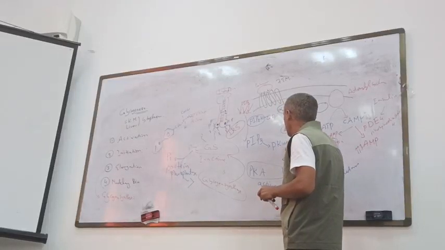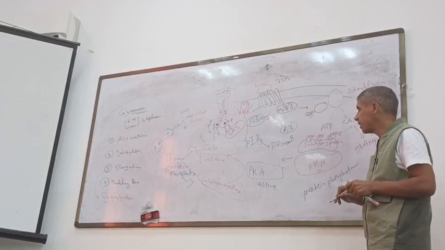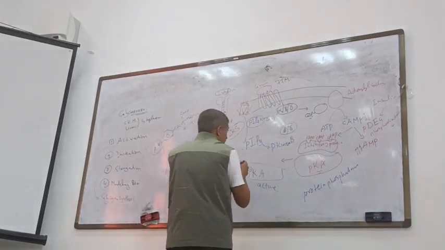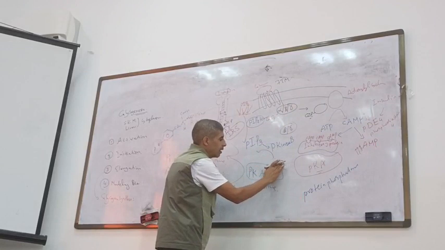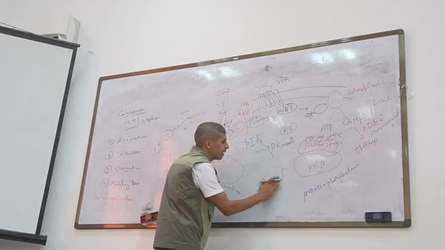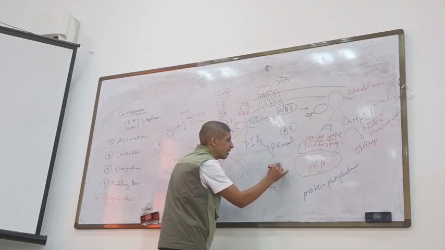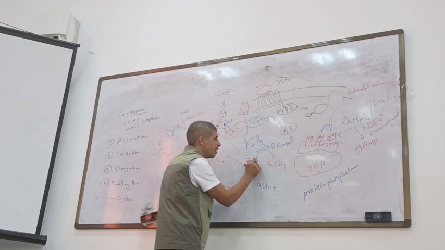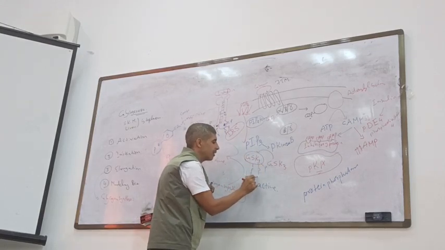Protein kinase B will phosphorylate glycogen synthase kinase 3, so it becomes phosphorylated and inactive.